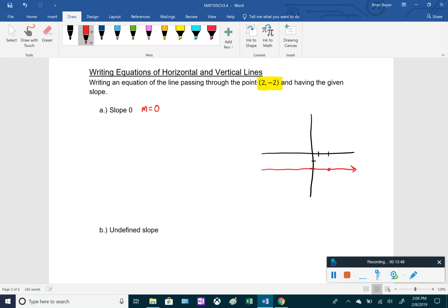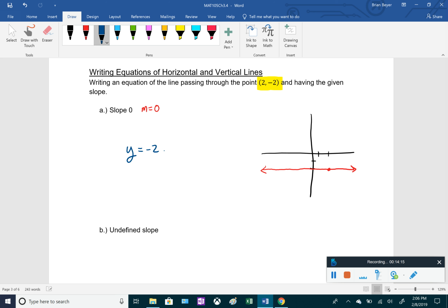Slope of 0 is a horizontal line. The short way to do this is to recognize that a horizontal line, to remember from a few sections ago, is going to be in the form y equals a number. So it's going to be y equals something. It's going to be y equals the y-intercept, which is just -2.